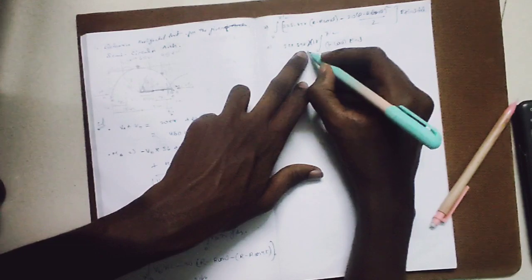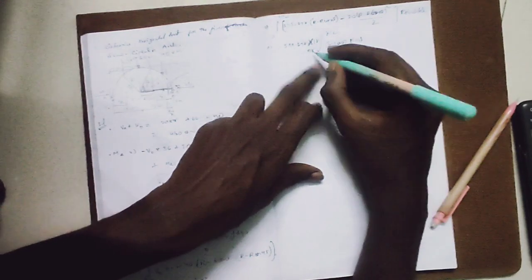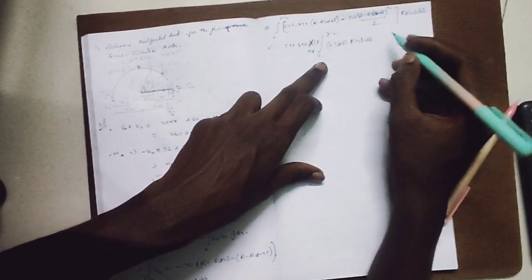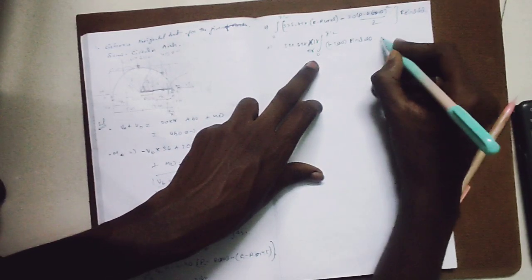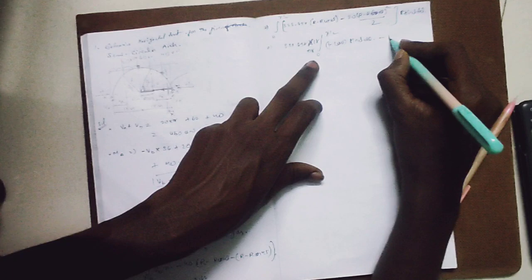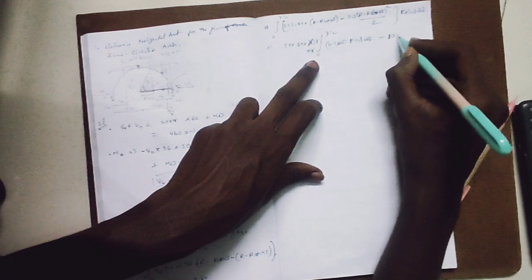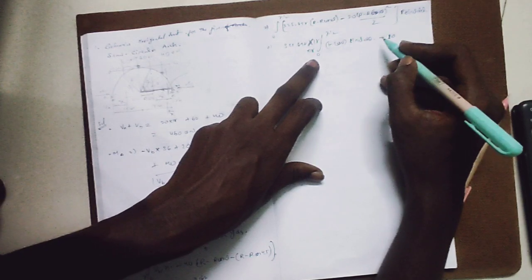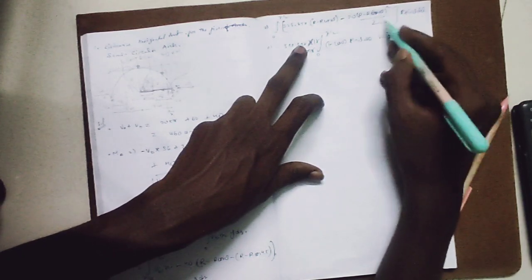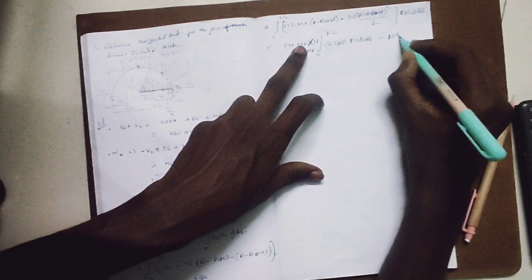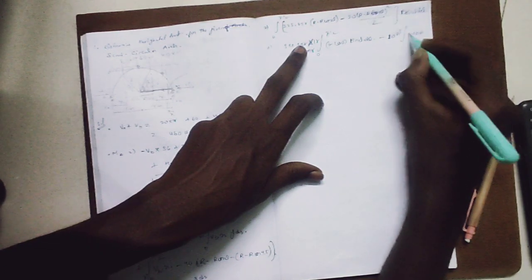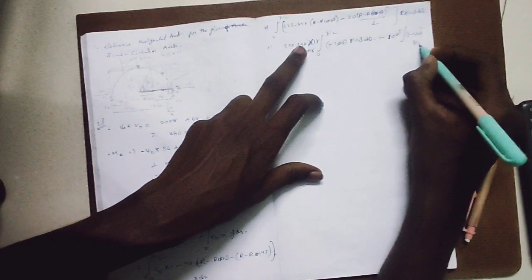So we are left with another r into r, so that is d theta, minus 10 into r square and r cube, 1 minus cos square whole square sin theta d theta.